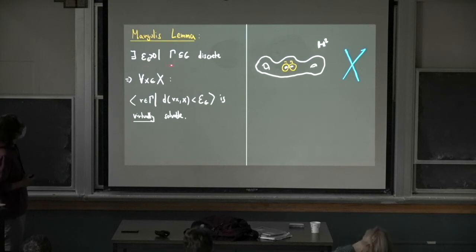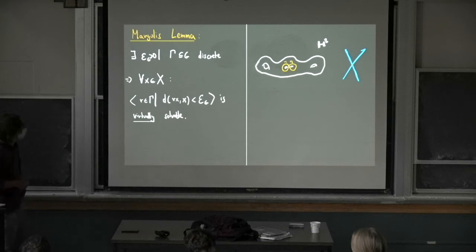for any discrete group, if you take a point in the symmetric space, and look at the set of elements that move this point very little, so I'm taking my point X and looking at all the gammas that move this point less than epsilon, and then I take the group generated by these, then this group is virtually solvable.